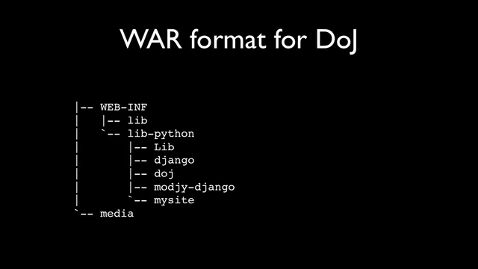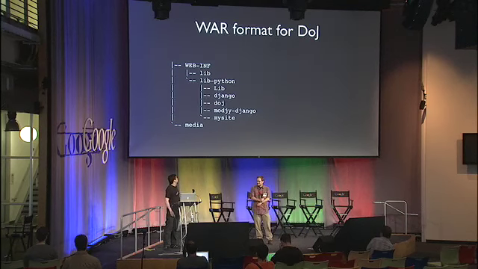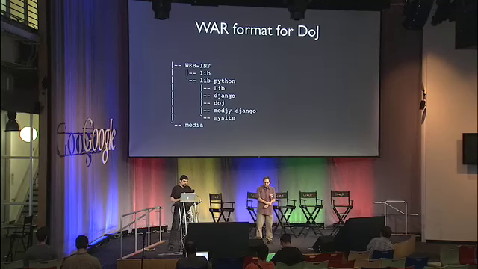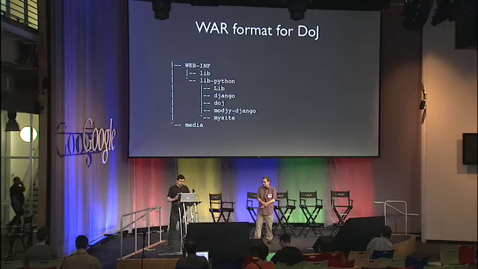Of course. Well, this is what we are currently generating for Django projects in terms of WAR file. Basically, we make a big WAR file which is completely independent of everything. So you take this WAR file, you put this into your production server, and you don't have to have everything pre-installed.